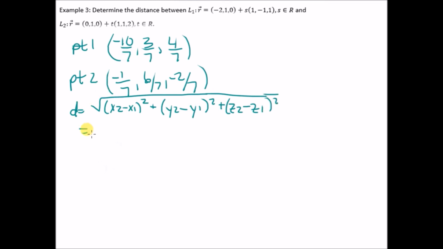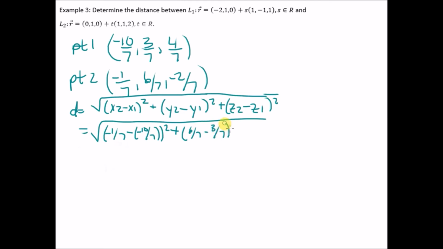So we will do negative 1 over 7 minus negative 10 over 7 squared, plus 6 over 7 minus 3 over 7 squared, plus negative 2 over 7 minus 4 over 7, all squared.